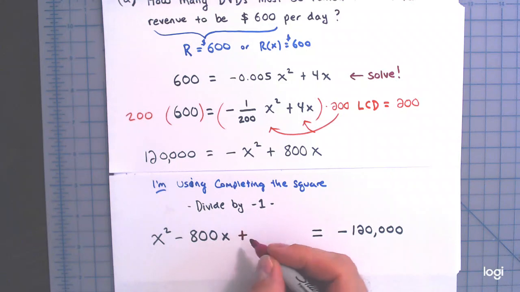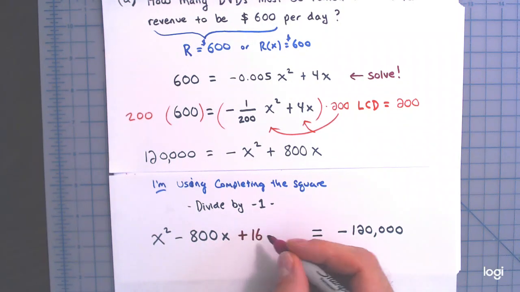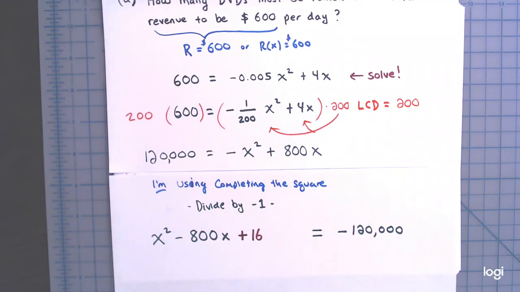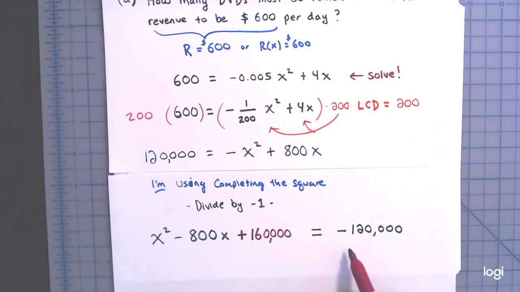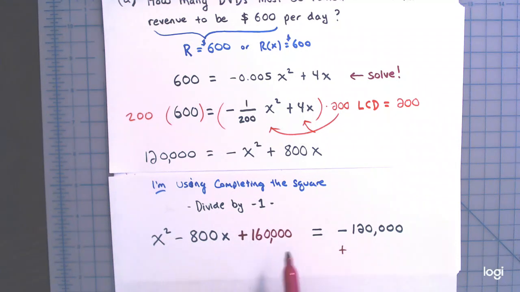Then 4 times 4 is 16, but you'd be adding 4 more zeros. 400 times 400 would be 160,000. And don't forget it's an equation. I'm adding 160,000 here to complete the square, make a perfect square trinomial. I'm going to do the same thing to the other side to keep it balanced.